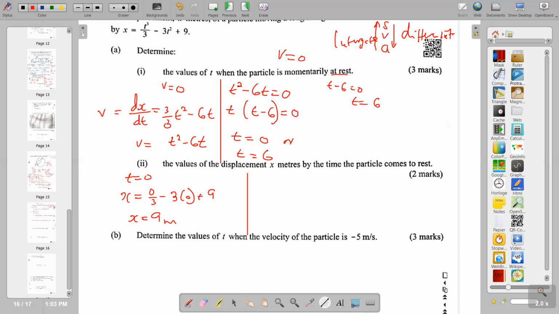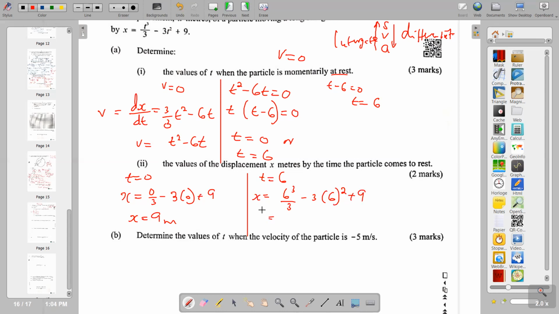And when t is equal to 6, we substitute. We're going to have x is equal to 6 cubed over 3 minus 3 times 6 squared plus 9.